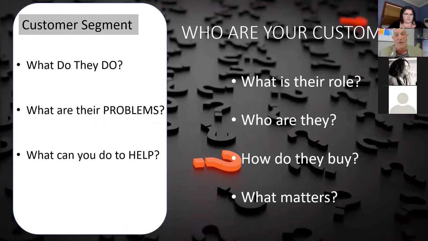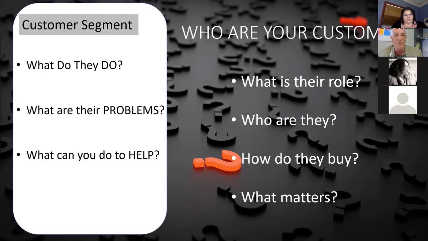So the first important element of the business model that we have to understand is, who are your customers? In a business model sense, they're divided into segments because, as Andrea pointed out in the CRM system, you have different types of customers. You need to know what they do, what their problems are, and what you can do to help them, because business owners or business managers want to buy solutions to their problems.